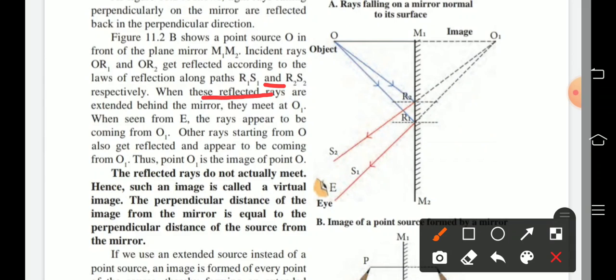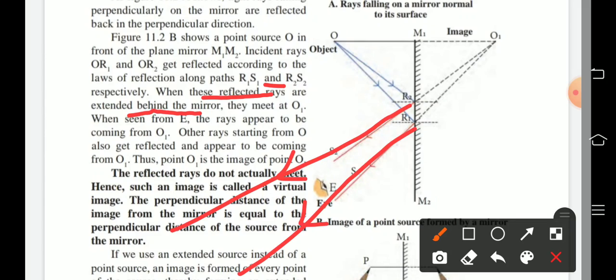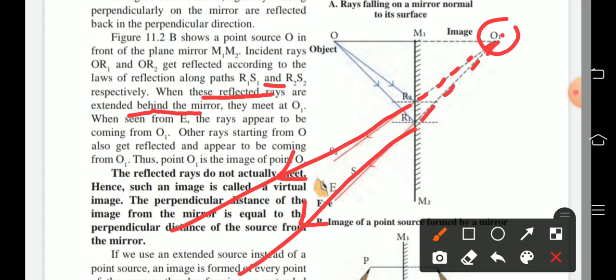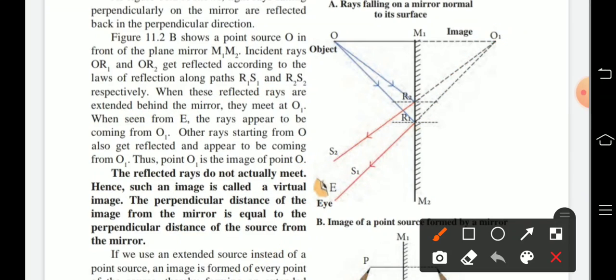When these reflected rays are extended behind the mirror, check here, these rays diverge from each other like this. They never intersect each other in front of the mirror. So we extend in a backward direction. They appear to meet at one point, indicated here as O1, when seen from point E. Where is the point E?